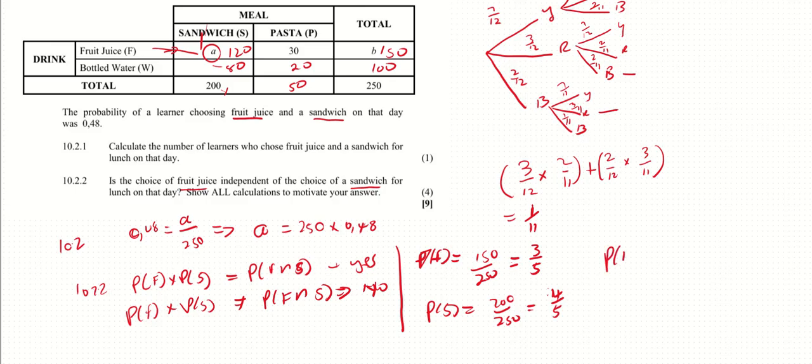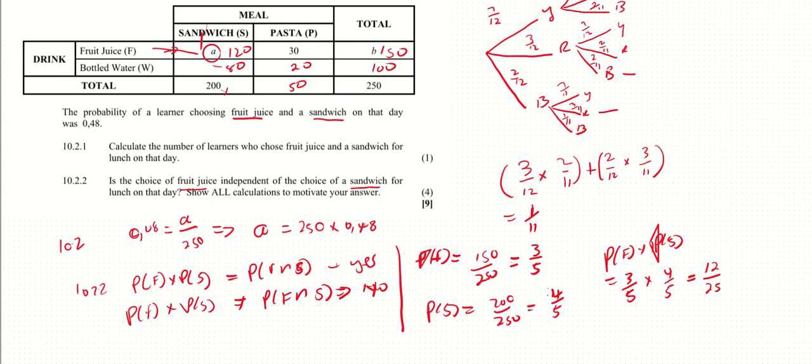So the probability of fruits times the probability of sandwich is 3 over 5 multiplied by 4 over 5, which makes it 12 over 25.